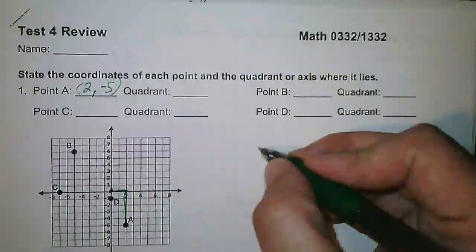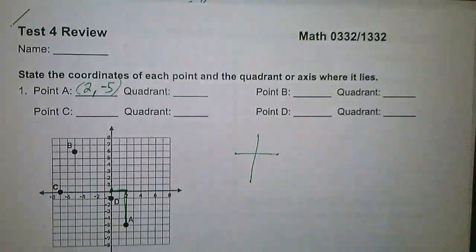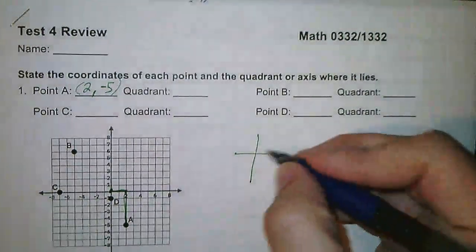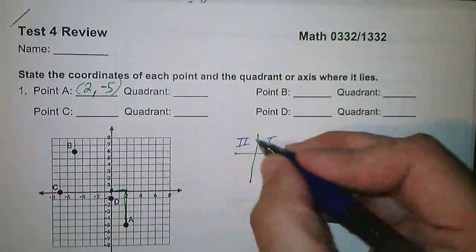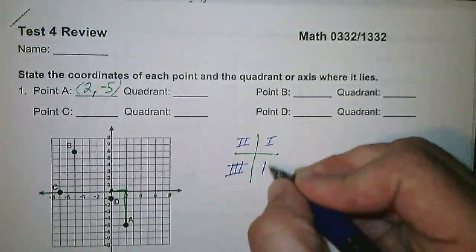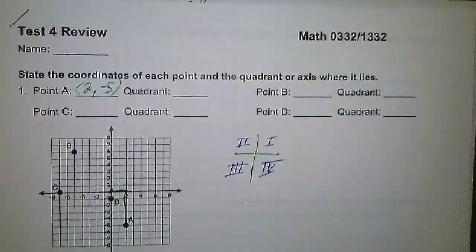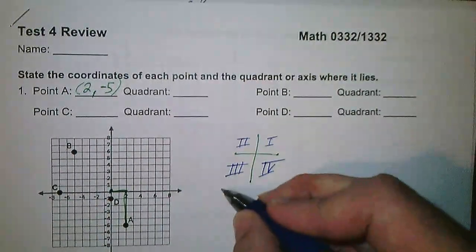As for the quadrants, we use Roman numerals here. This is quadrant 1, quadrant 2, 3, and 4. You may have seen questions where it gives you very large values.